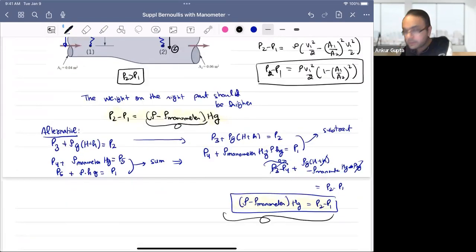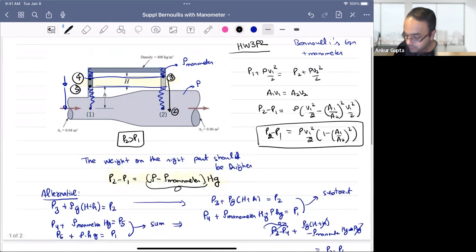Now first note that rho manometer has to be lower than rho. In this case, this fluid has to be lighter, and this is 400 kilogram per meter cube instead of 1000 kilogram per meter cube for water. So that's why it works out.